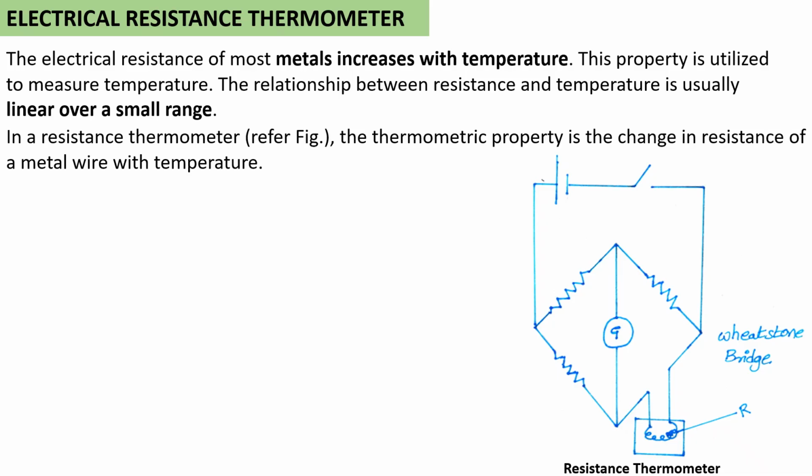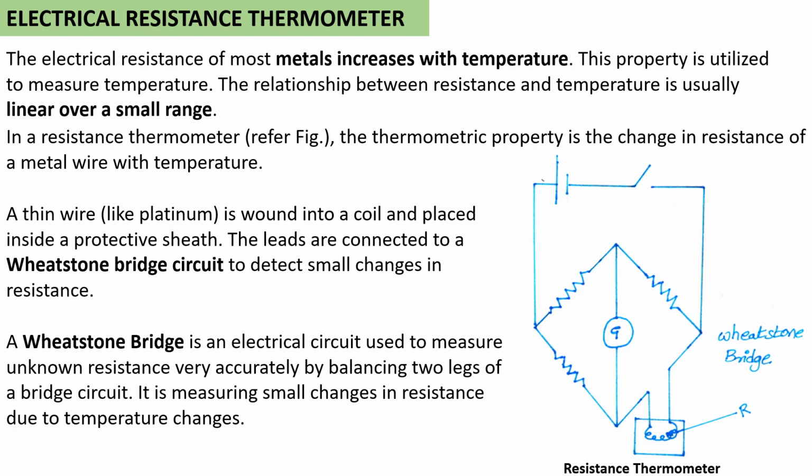So in a resistance thermometer, the thermometric property is the change in resistance of a metal wire with temperature.